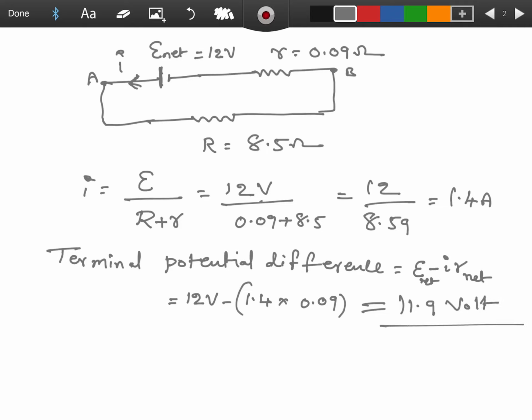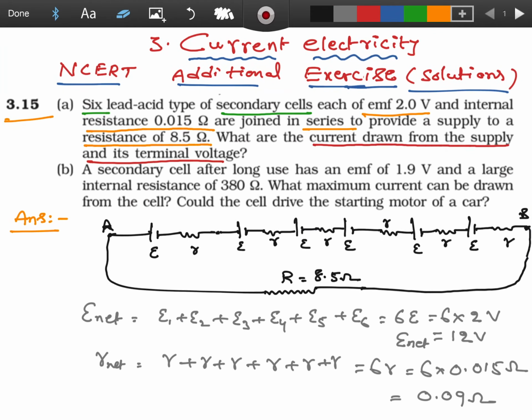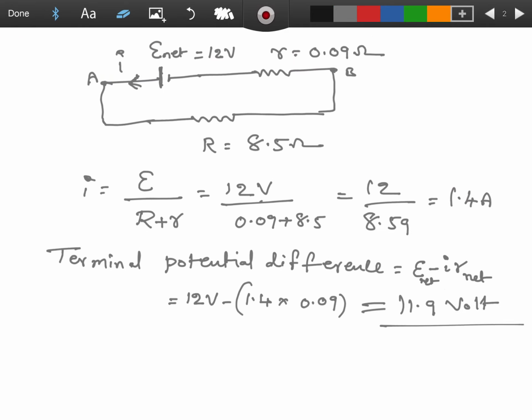So the current drawn from the supply is 1.4 ampere and the terminal voltage is 11.9 volt.